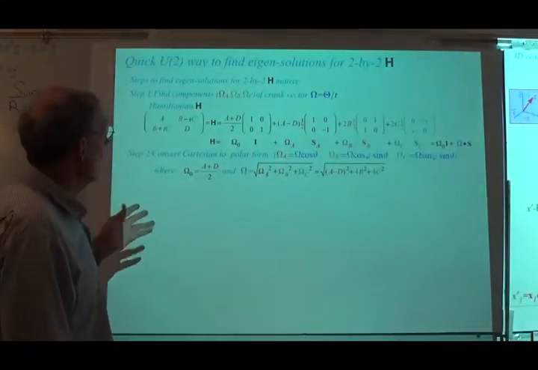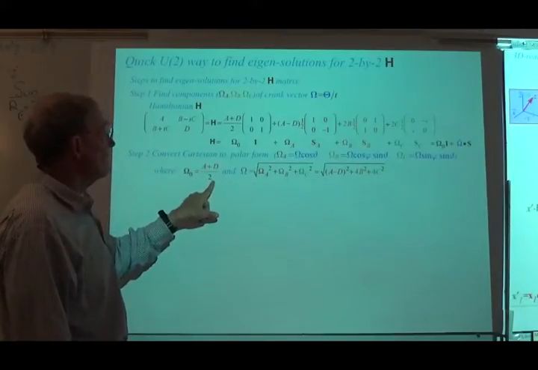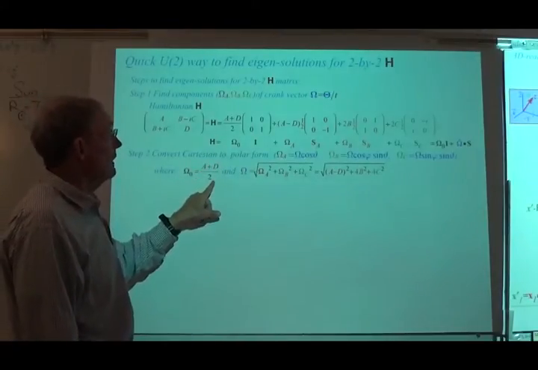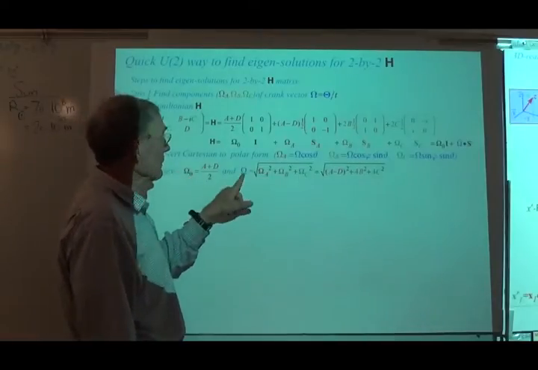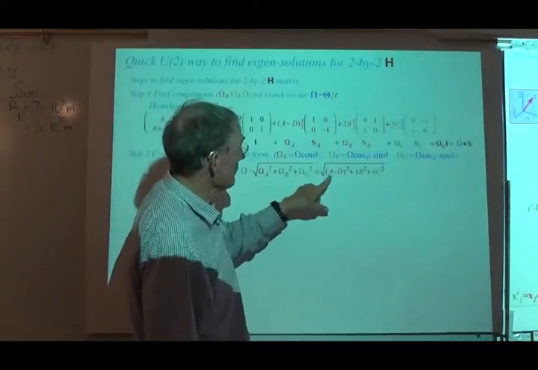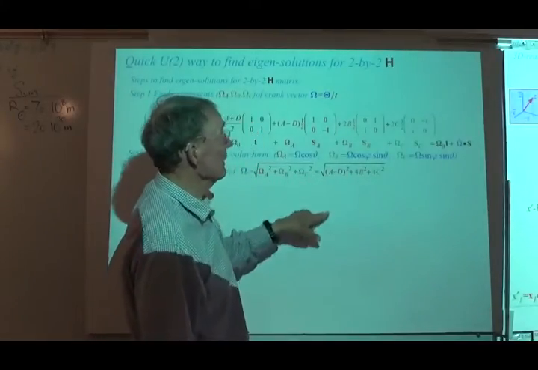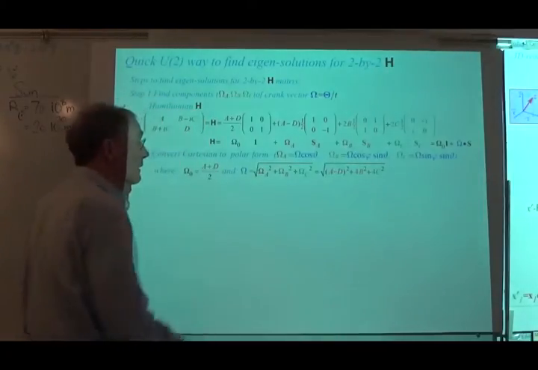And then the first thing that you're getting is this number right here. That's A plus D over 2. That omega 0 comes up quickly. But then this one right here involves all 3 of these numbers, all 3 of the A, B's, and C's, and D, all 4 of them actually, but it's the difference here, it's the sum here.